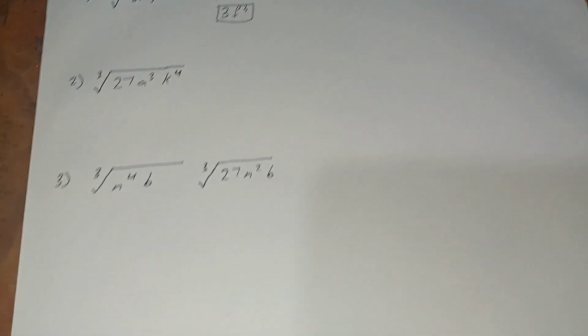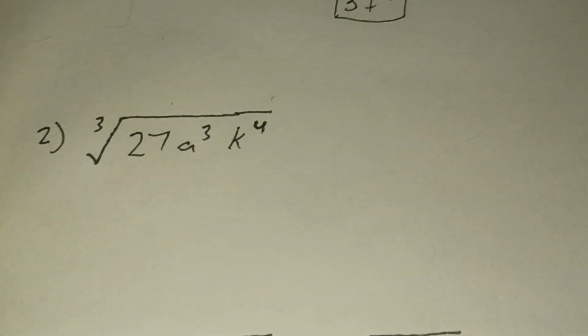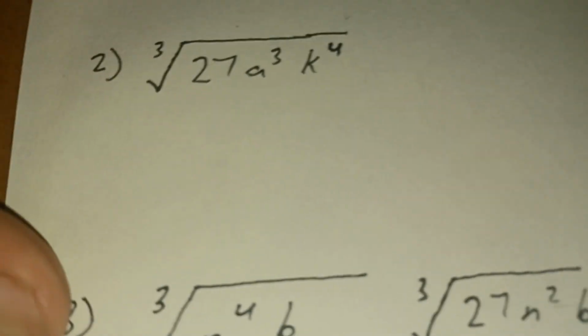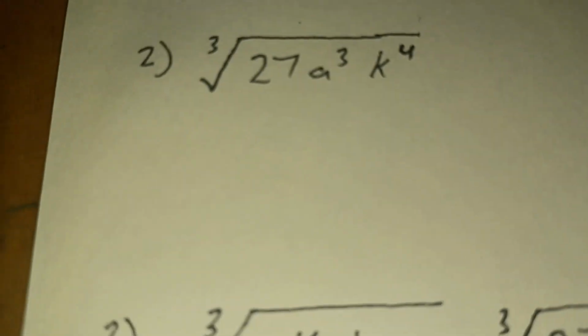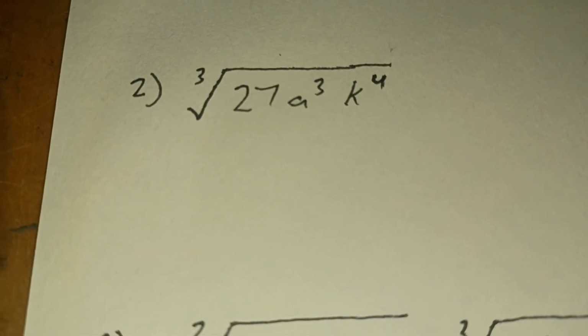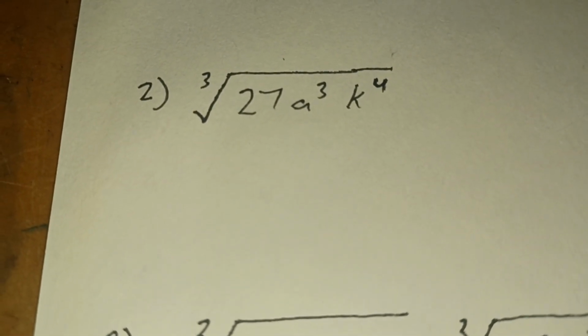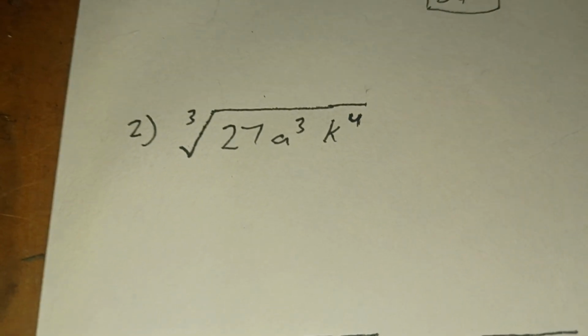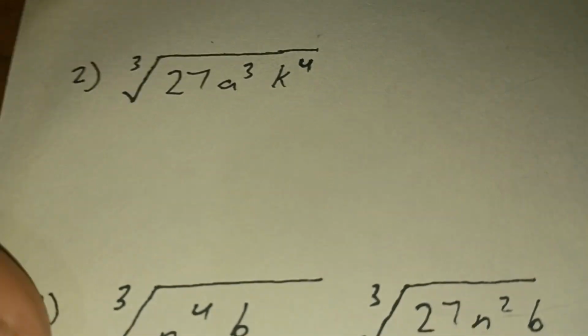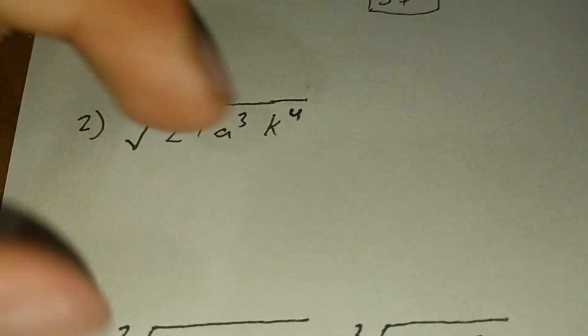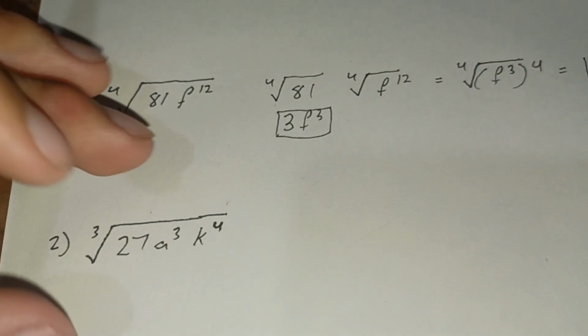Let's go ahead and do number 2. I have the cube root of 27 a to the third power times k to the fourth power. Again, we can separate these values the way we did here.